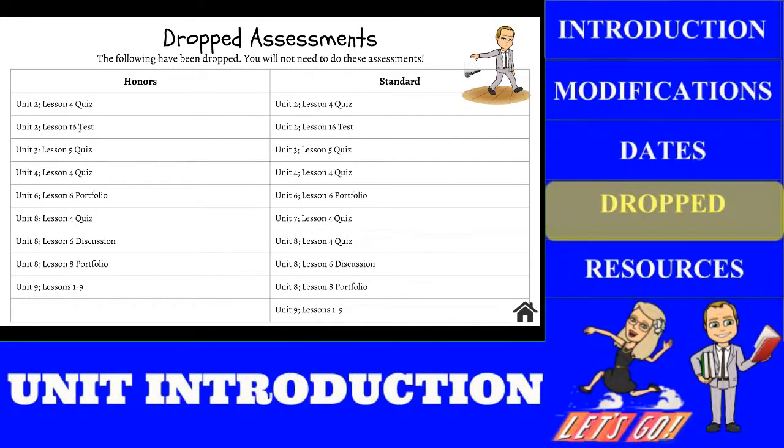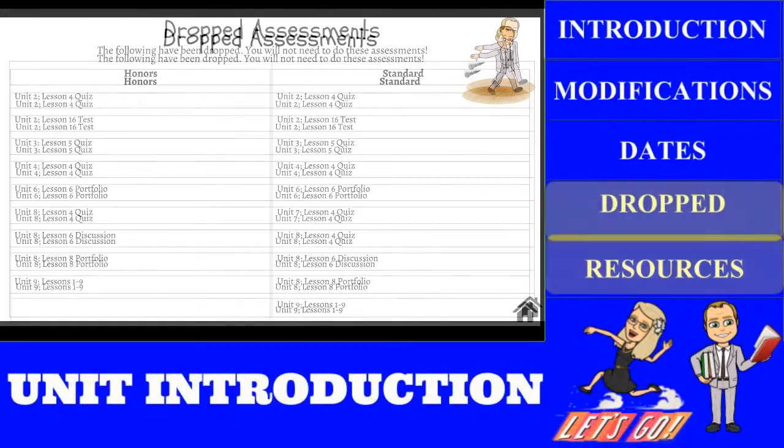That means you don't do the quiz, you don't do the test in this unit. We really want you to focus in on what we have in that portfolio, which is why we dropped the quiz, why we dropped the test, but you really have to do a good job in that portfolio. We're expecting it, and if you want to get a good grade, you're going to need to make sure it happened.